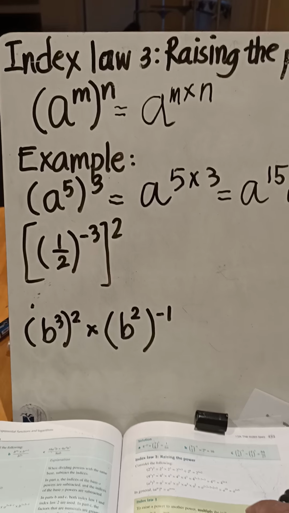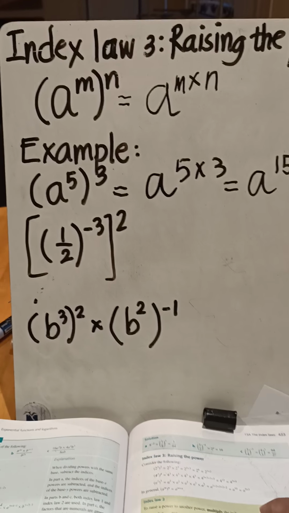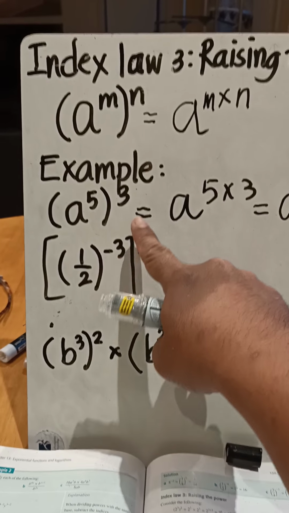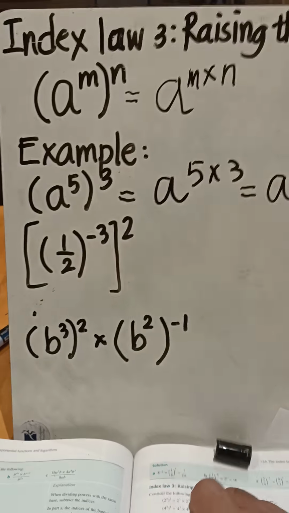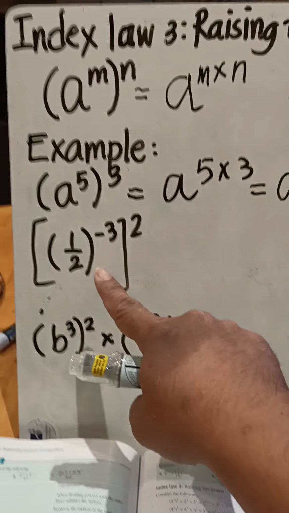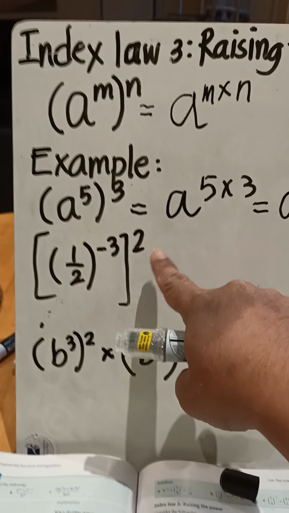Okay, let's have another example. This one involves a negative exponent, so 1/2 raised to the power negative 3, quantity raised to the power 2. So the technique here is solve what is inside the bracket first before you multiply that with the exponent from the outside.